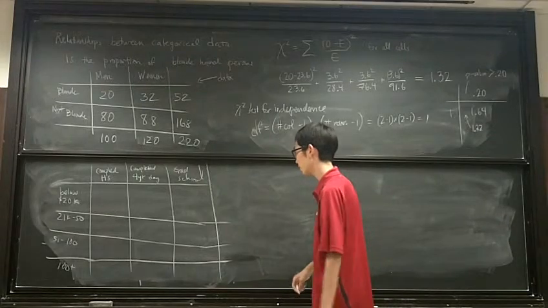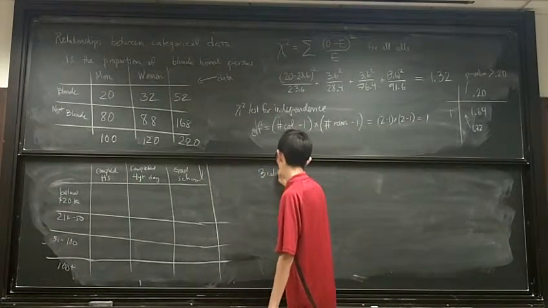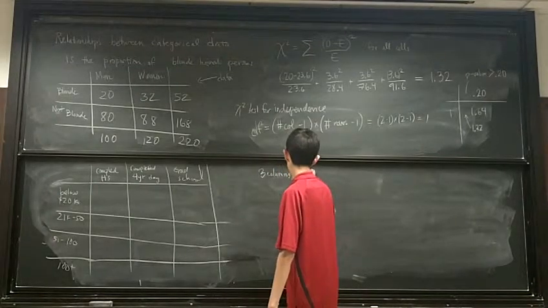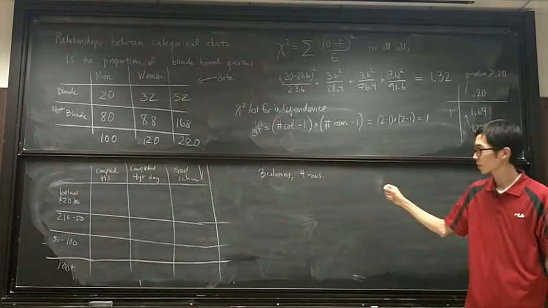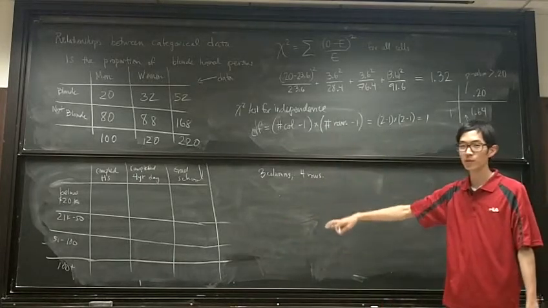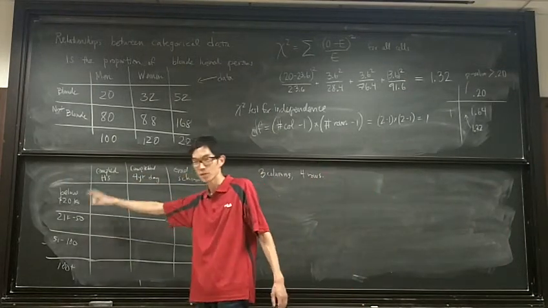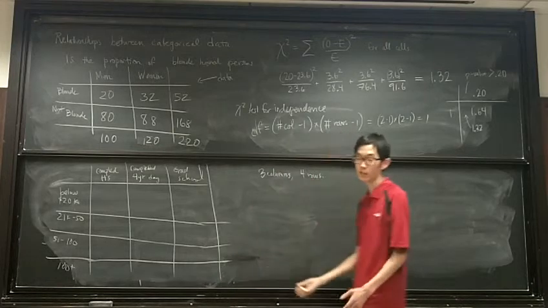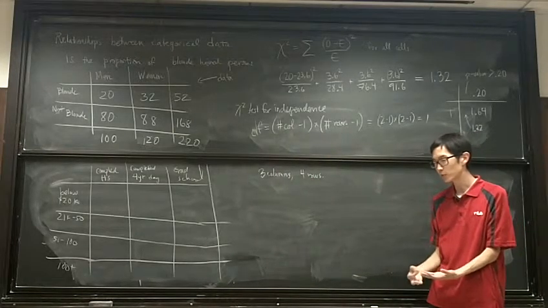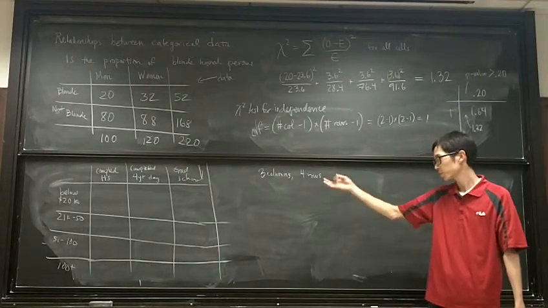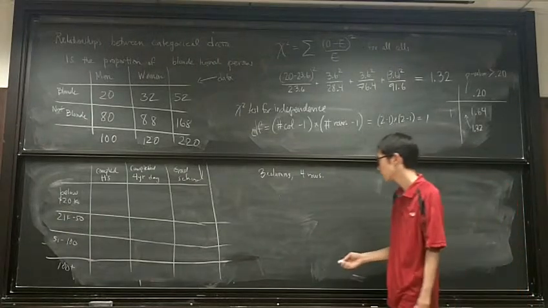So now I've got 3 columns and 4 rows. This is a categorical variable, and this is also a categorical variable. We've turned income, which is normally thought of as a numeric variable, into a categorical variable. We can analyze this using the chi-square test for independence.